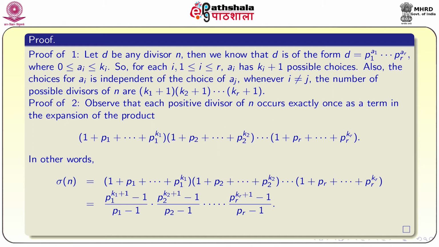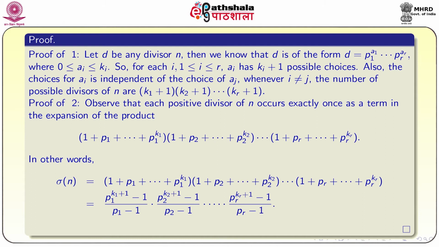Also, the choice of ai is independent of the choice of aj whenever i not equal to j. The number of possible divisors of n is (k1 plus 1) into (k2 plus 1) and so on (kr plus 1), since there are k1 plus 1 choices for a1, k2 plus 1 choices for a2 and so on, kr plus 1 choices for ar.